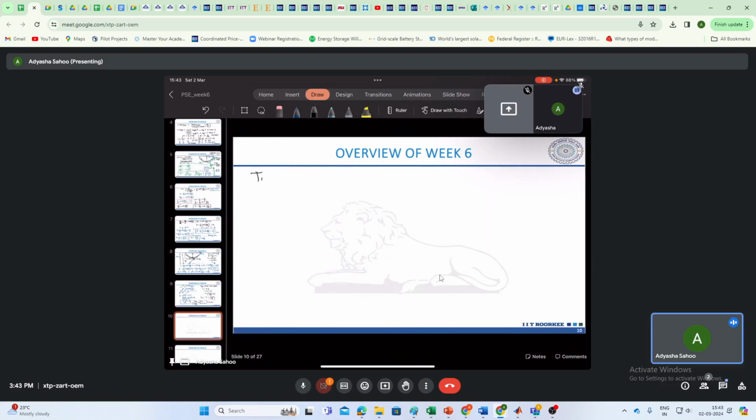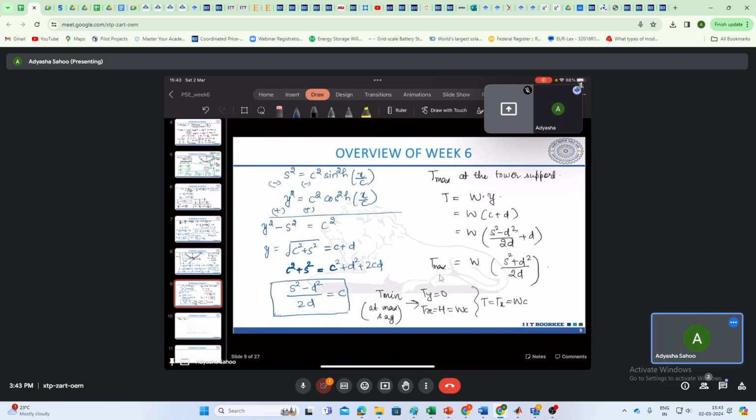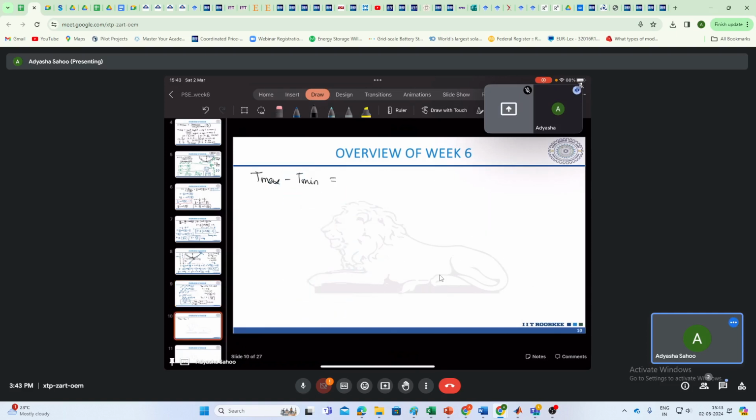So T max minus T min if we do. T max is this one, s square plus d square by 2d, minus this wc.